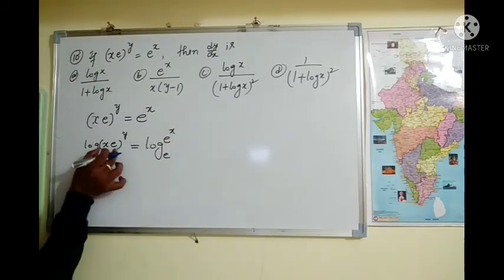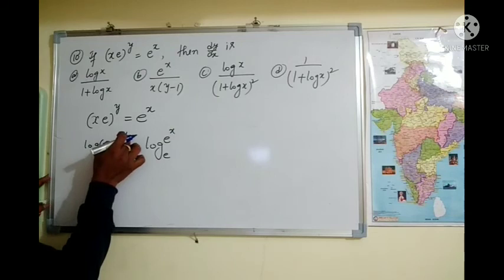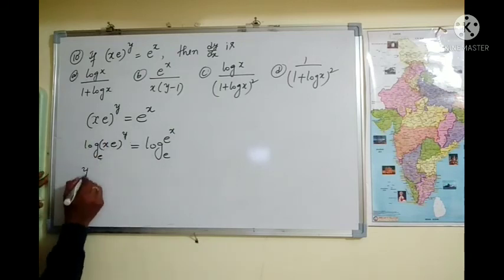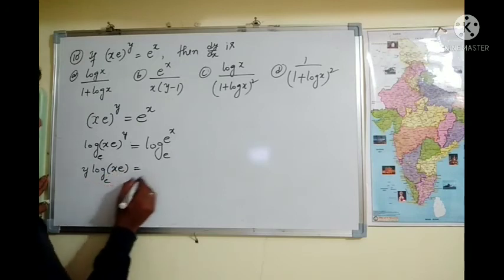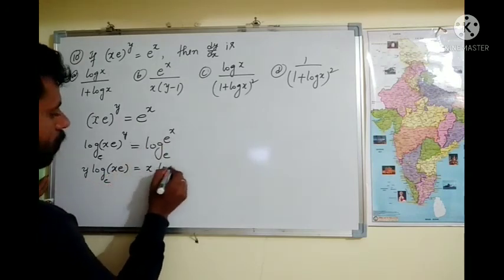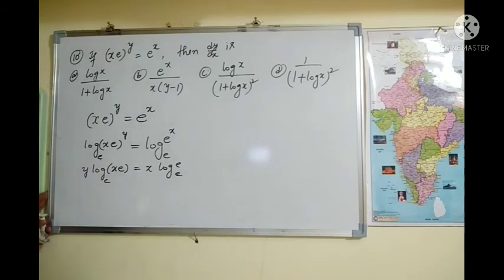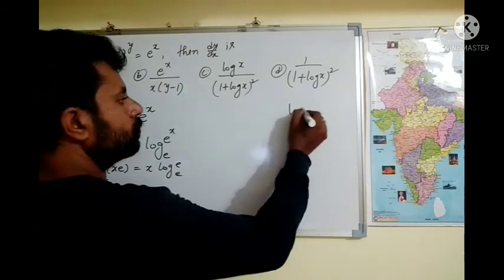Next, a to the power b form gives b into log a, so y into log of x e is equal to, here also, x into log e base e. You know the result: log e base e is equal to 1.